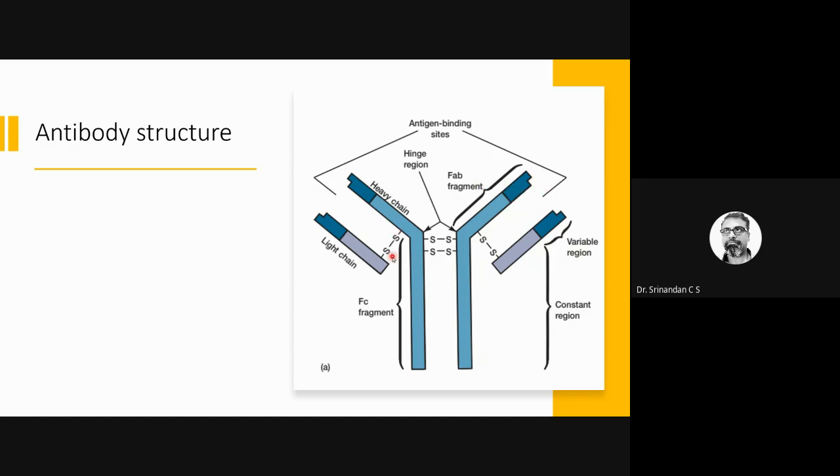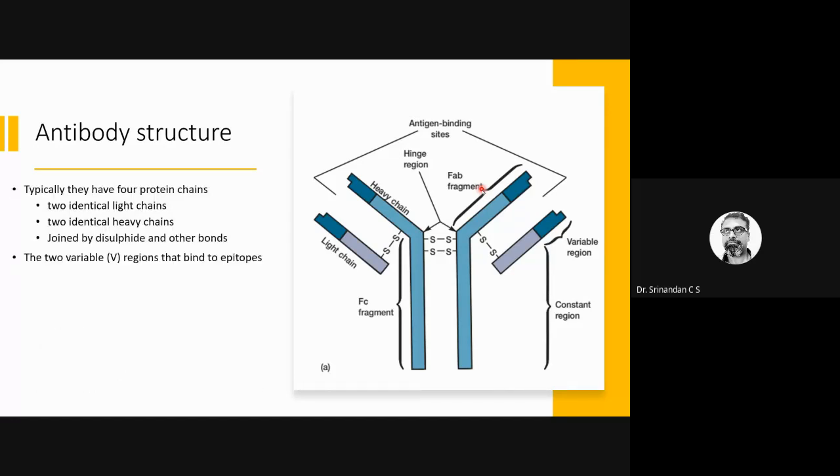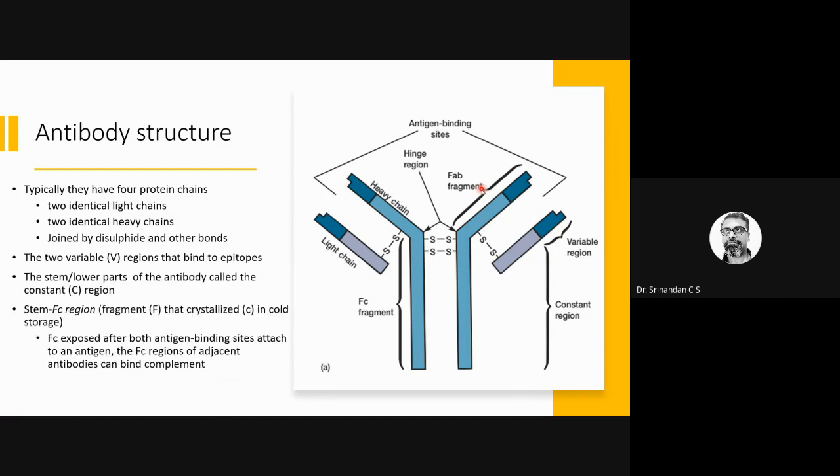Here there can be alteration in the variable region. Okay, so as I told, identical light chains, identical heavy chains are joined by disulfide bonds, and a variable region is there. And this region is also called the Fc fragment. Why? Because when you crystallize, they get crystallized in cold.